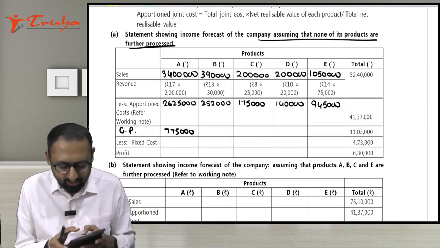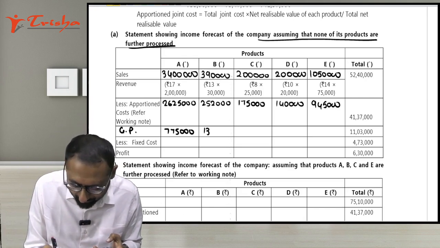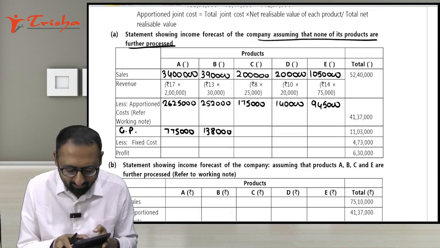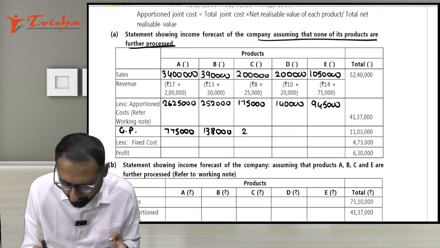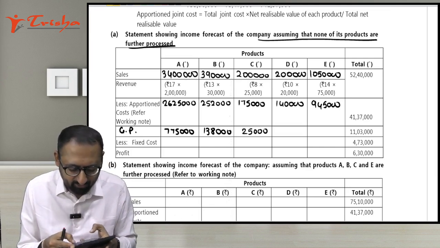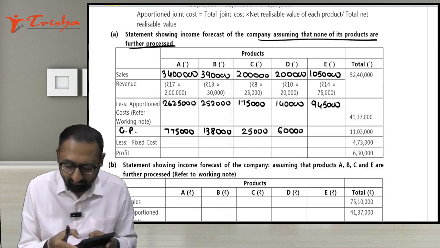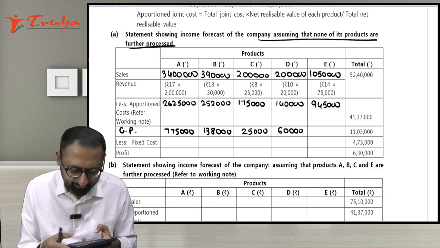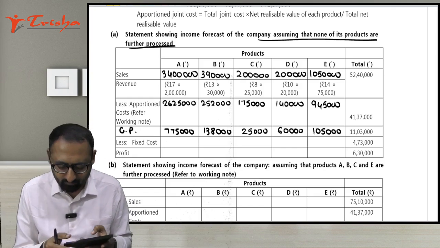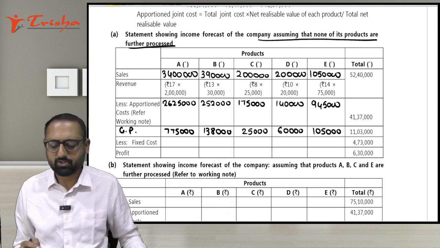So 3,90,000 minus 2,52,000, 1,38,000. 2 lakh minus 1,75,000, 25,000. 2 lakh minus 1,40,000, it will be 60,000. 10,50,000 minus 9,45,000, it will be 1,05,000. 11,03,000 is your gross profit.